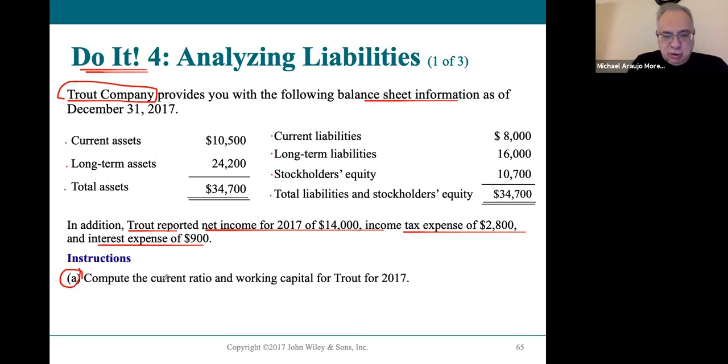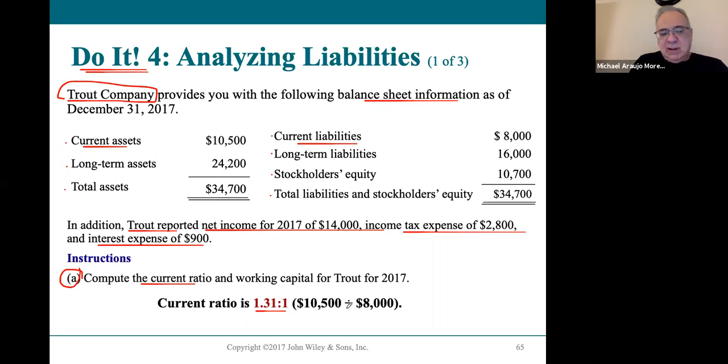to the computations. The current ratio is the current assets and the current liabilities, right? So that's the two numbers that are compared for that. And so 10,500 of current assets, 8,000 of current liabilities, you're going to have a current ratio of 1.31 to 1, $1.31 of current assets for every dollar in current liabilities.